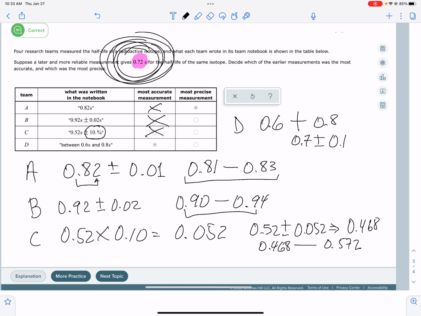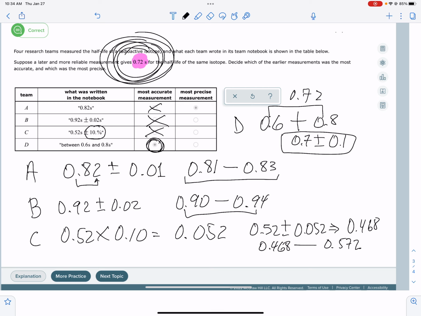So 0.7 minus 0.1 is 0.6, 0.7 plus 0.1 is 0.8. So this one definitely includes our value, which is 0.72. So this has to be the most accurate.